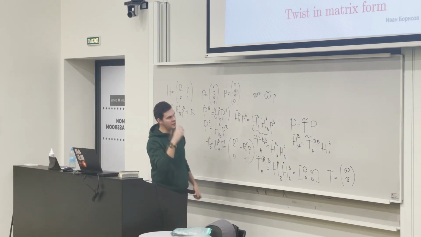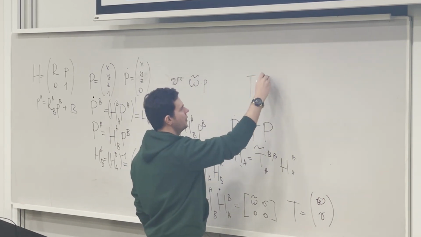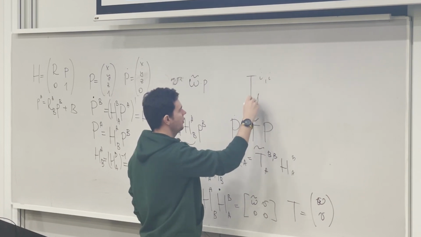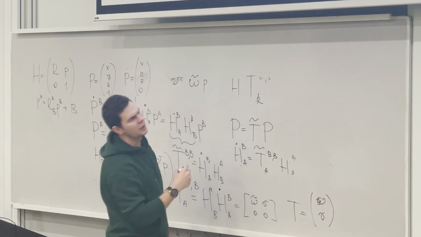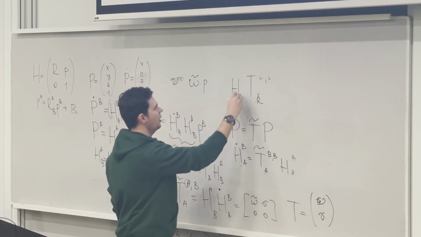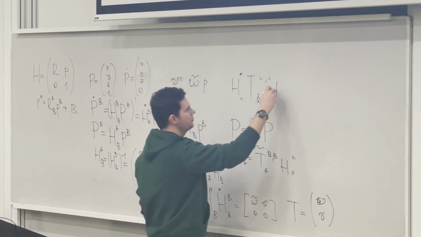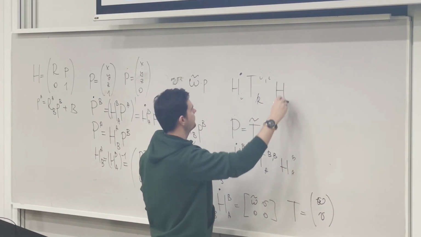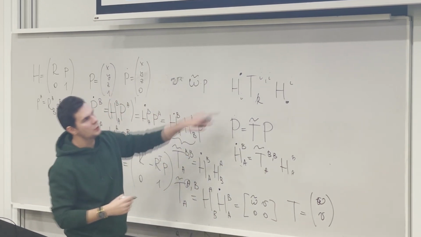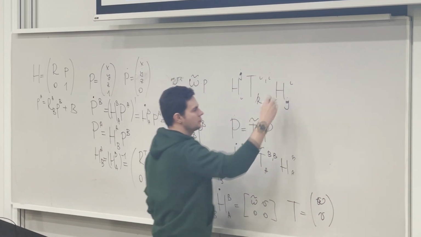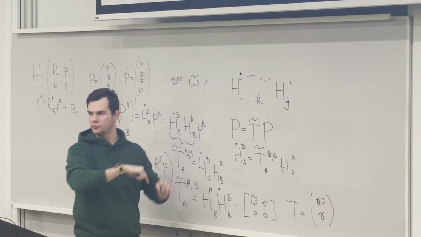So on the right it could be, for example, T I K, then I something else, like J. And this is the way we can express this twist in the third frame.